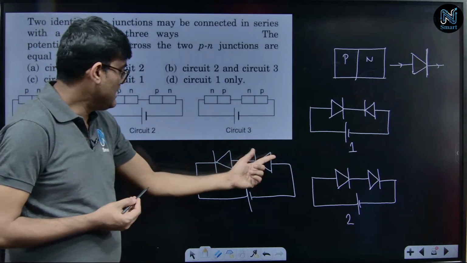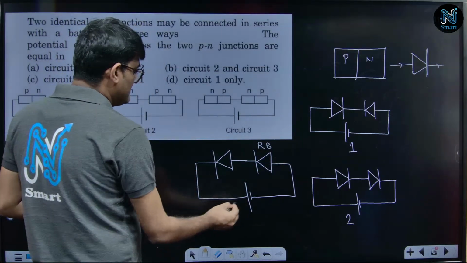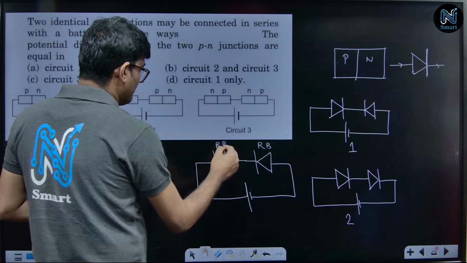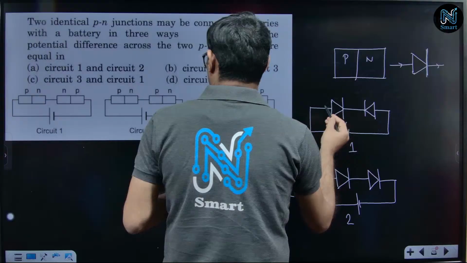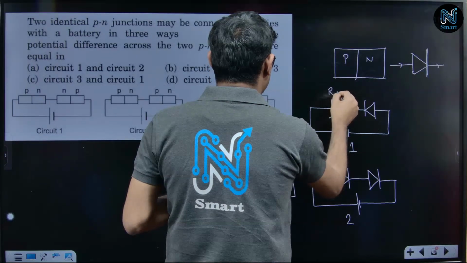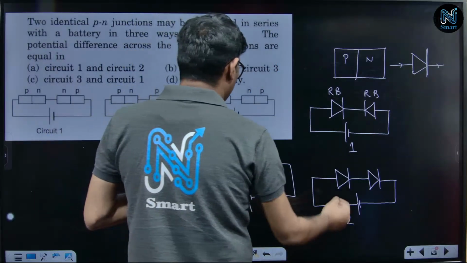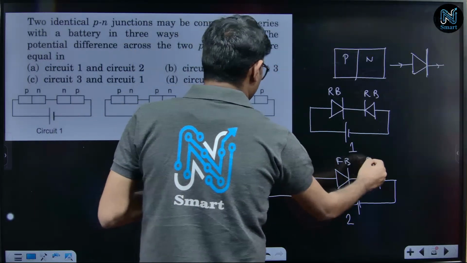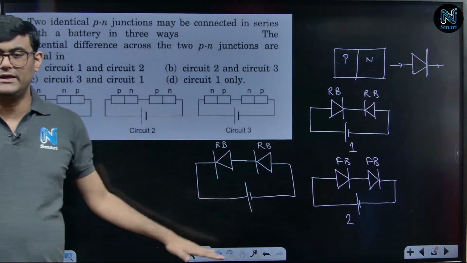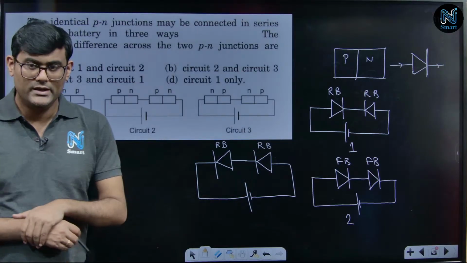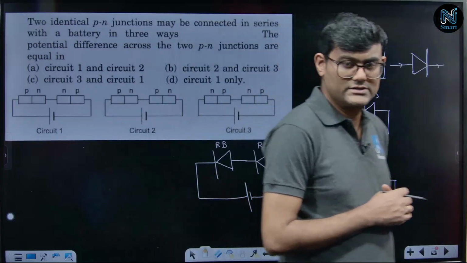So, here this is a reverse bias, this is also a reverse bias, right? Here in the first circuit, both are reverse bias. In the second circuit, both are forward biased. I think now you can understand the circuits that I have drawn on this board. Those circuits are representing these series combinations of the PN junctions.